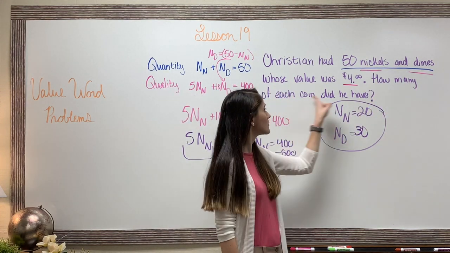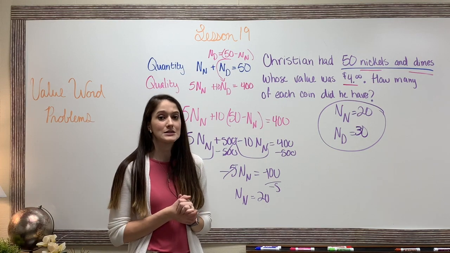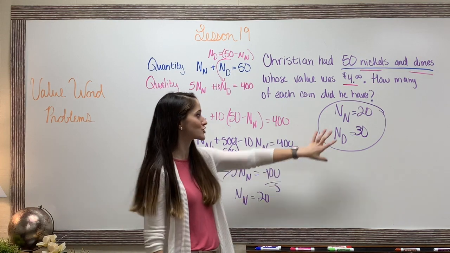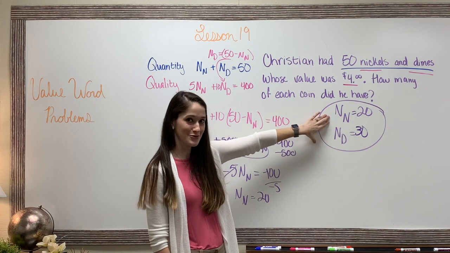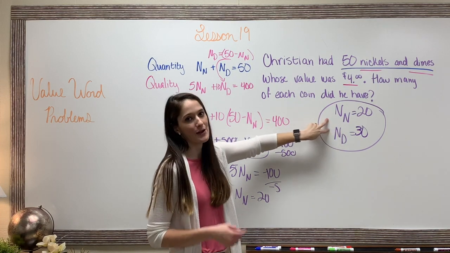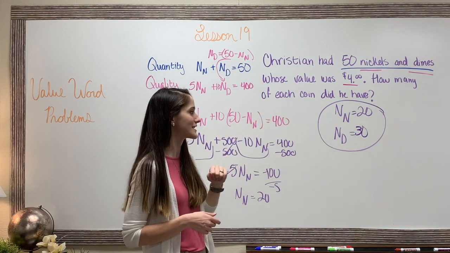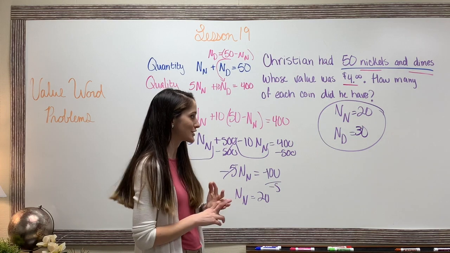Read this part one more time and make sure that you have answered the question that they're asking for, because sometimes they will go off on a tangent that requires you knowing these two answers, but not necessarily is asking about these two answers. So our question was, how many of each coin did he have? He had 20 nickels, he had 30 dimes, so we are done.